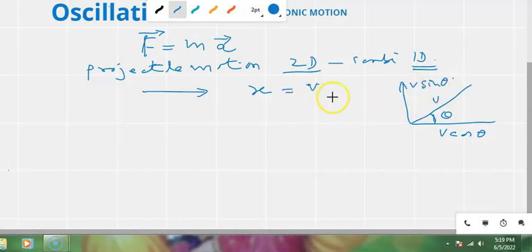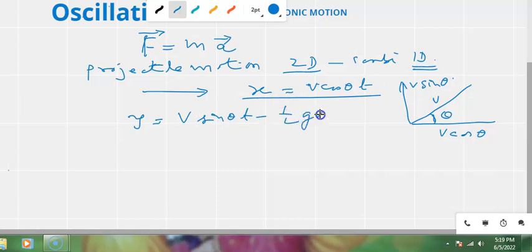We know the acceleration for the vertical is acceleration due to gravity. If we take up as positive, then x is v cos theta into time. This gives us the horizontal motion, and then y is v sin theta t minus half g t square. This describes the motion in the vertical direction.